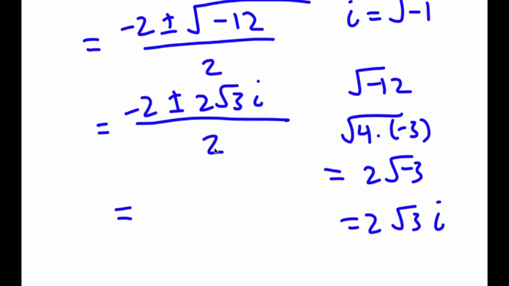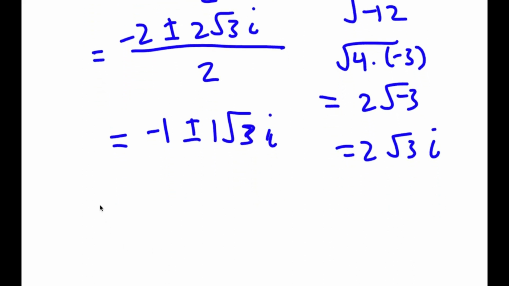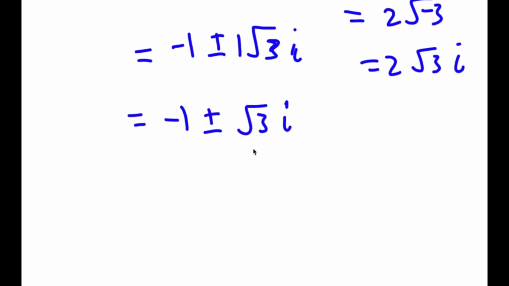So now I have negative 2 divided by 2, which is negative 1, plus or minus 2 divided by 2, which is simply just 1, times the square root of 3 i. And this is equal to negative 1 plus or minus the square root of 3 i. And this gives me two solutions.